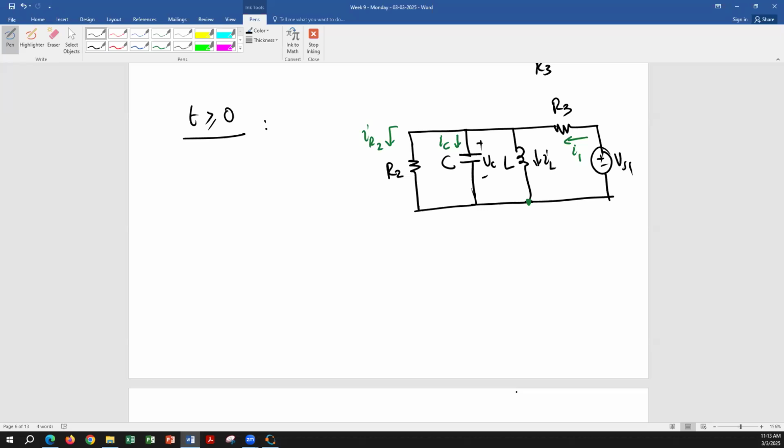Mike, what's going to be I1? No, just I1. Give me the equation for I1. Don't worry about anything else. What is the equation for I1? Yes? No?